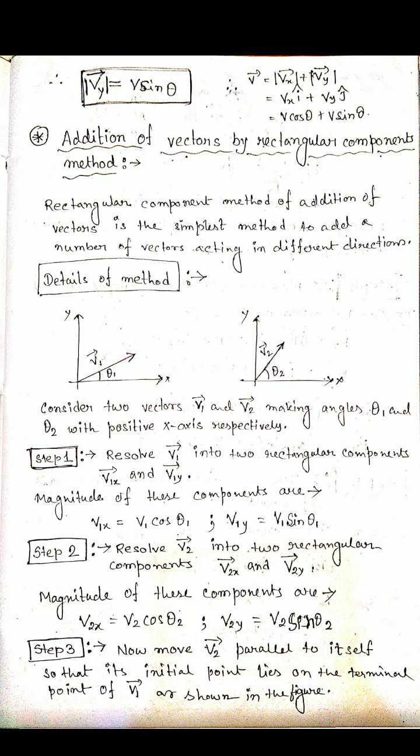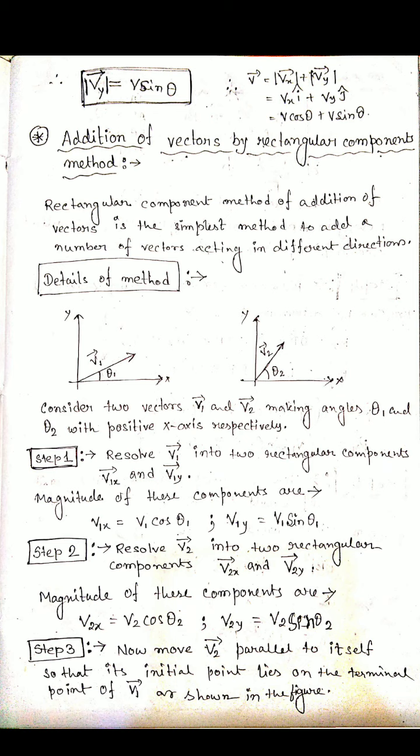So first we consider that v1 and v2 make angles theta 1 and theta 2 with the positive x-axis. Now, first step: we resolve v1 into two rectangular components, one v1x and another v1y.